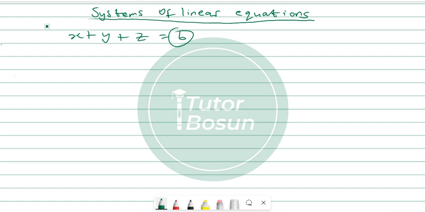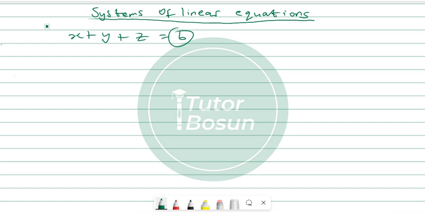So when you have x squared, y squared or z squared, that's no longer a linear equation. That's a quadratic equation in the case of the power of 2, and when it is greater than the power of 2 it becomes a polynomial equation. So make sure you don't mix up the equations.